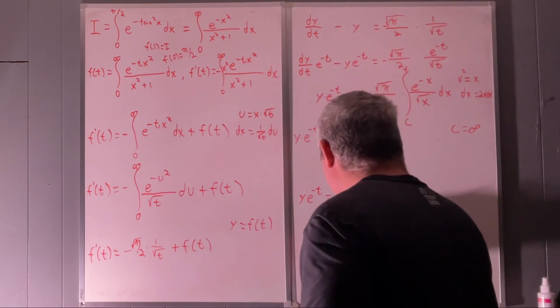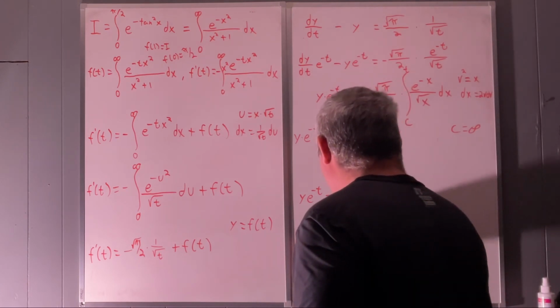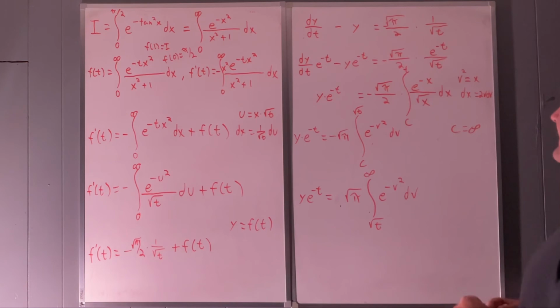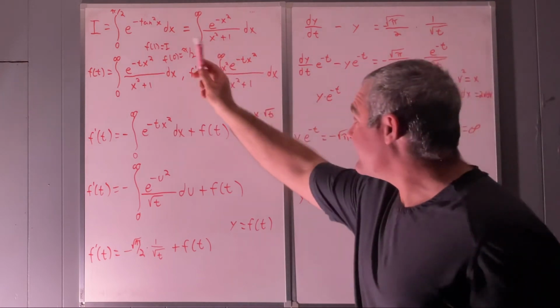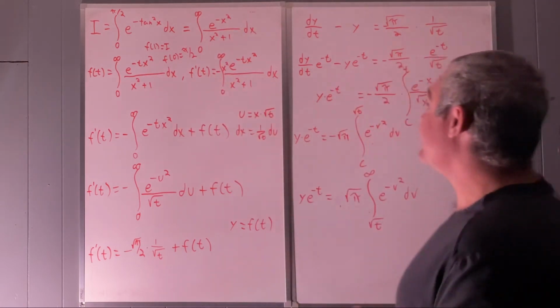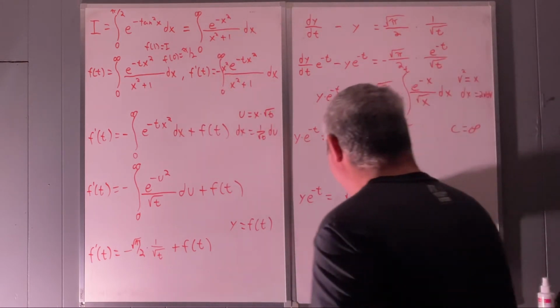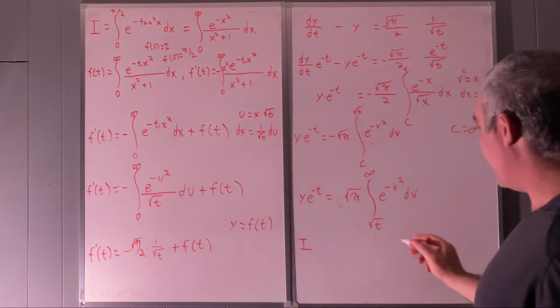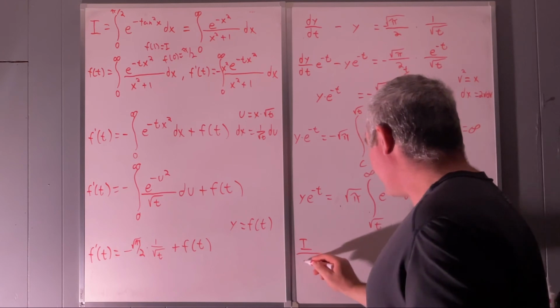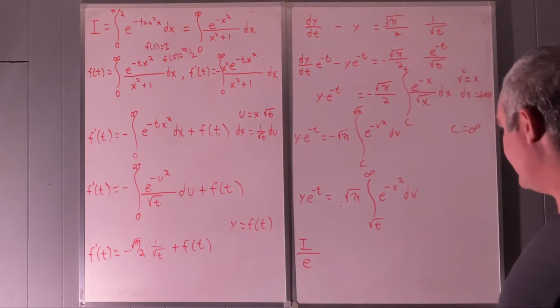Well, if we plug in 1 for t here, we're going to get our function evaluated at the point 1, which is just I, times e to the negative 1, which I'll write as over e.